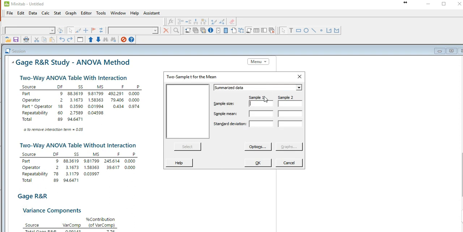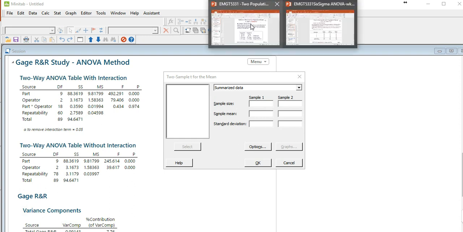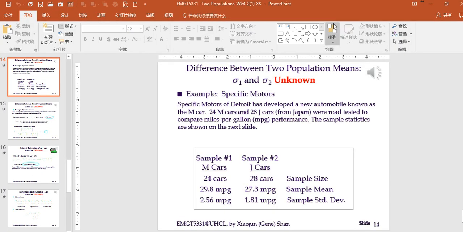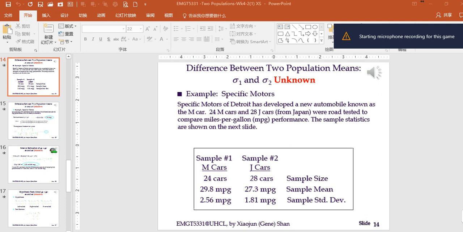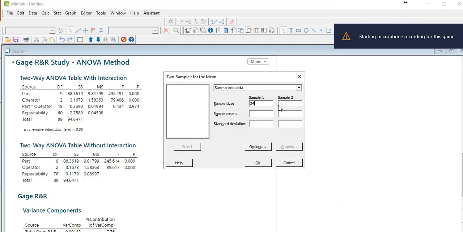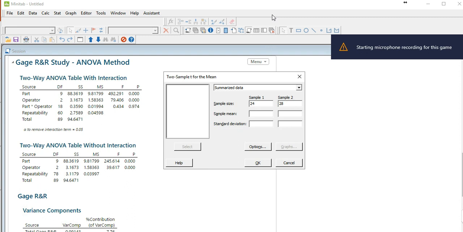The sample size, okay, let's go back to see it. One is 24 and another is 28.